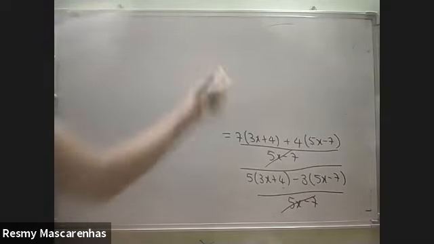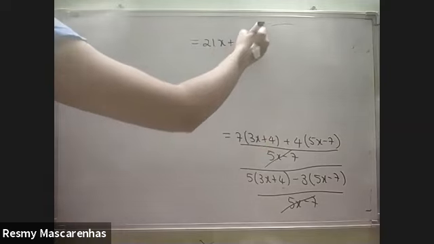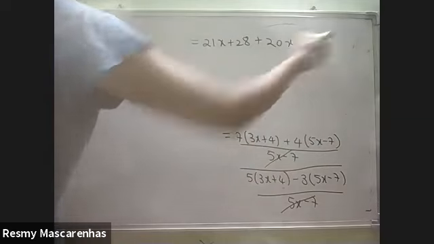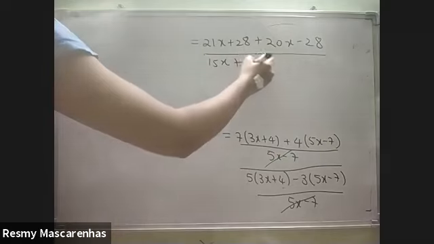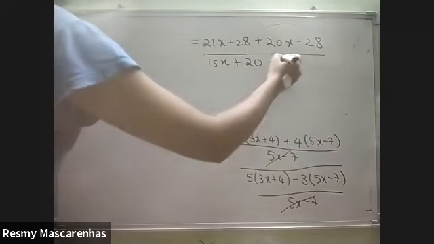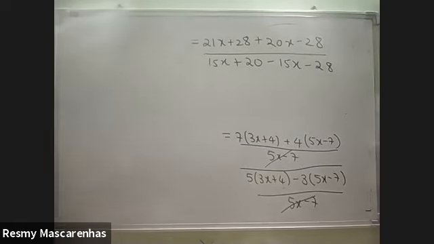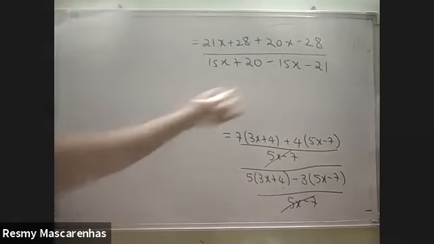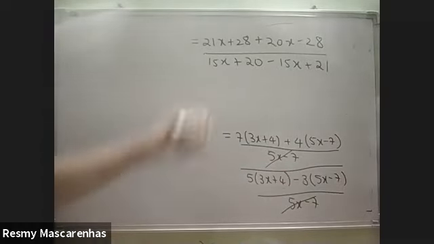So that will be 21x plus 28 plus 20x minus 28 upon 15x plus 20 minus 15x minus 28, minus into minus will become plus 21.